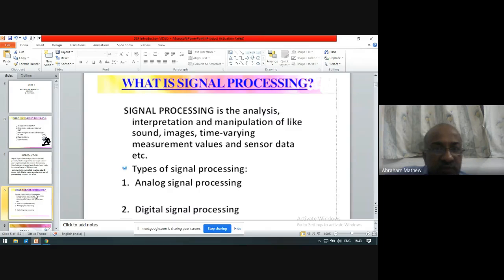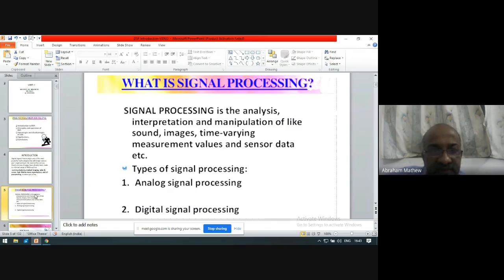What is signal processing? In very simple terms, we can say signal processing is nothing but processing any signal for extracting information.